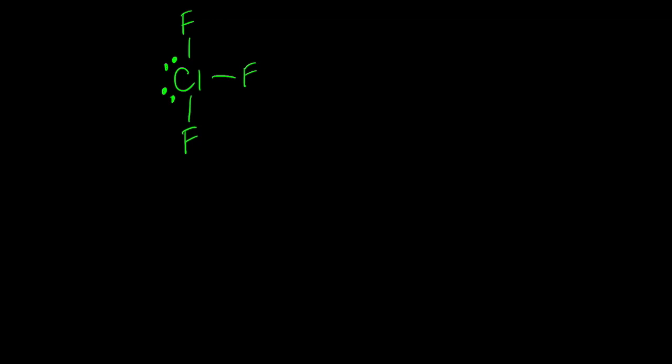Anyways, when you count the groups, you do 1 group, okay, 2 groups, 3 groups, 4 groups, 5 groups. Remember, a group is a bond. It could be single, double, triple, or a lone pair, like a double, 2 electrons. And so this would be sp₃d.